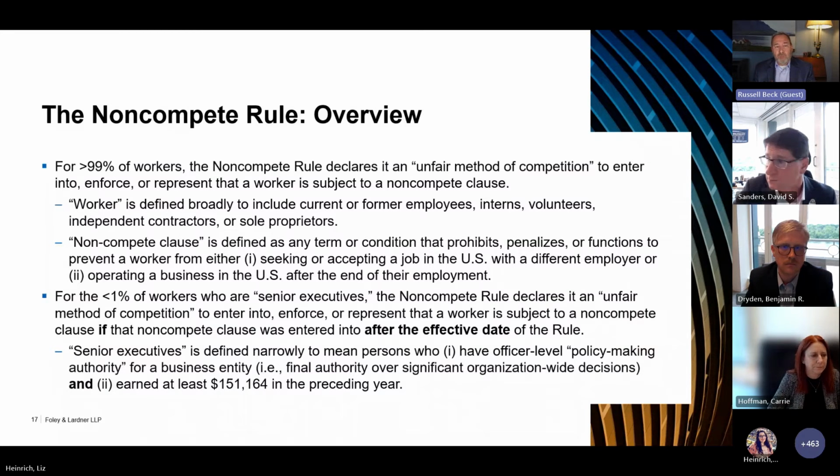So rather than the rule saying a non-compete is defined as any term or condition that restrains or limits, they use these other terms. So one might wonder, if they didn't use those words and they talked about seeking or accepting a job, does that mean a limitation on the type of job might be enforceable? I think the answer to that is no, but recognize that there's still an argument around that.